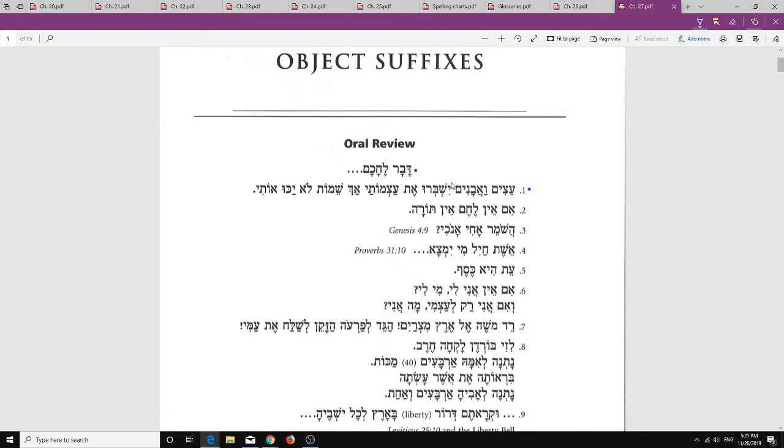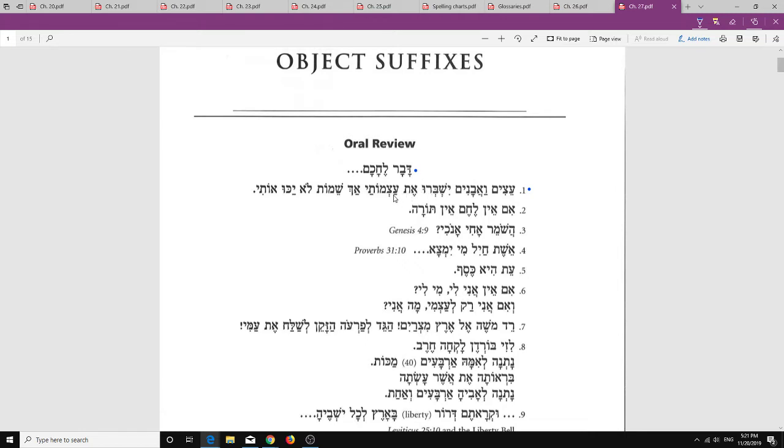So we see that this is a third imperfect, and plural. So a 3mp form in the imperfect of shavar, to break. So sticks and stones will break, or they will break. So sticks and stones will break.